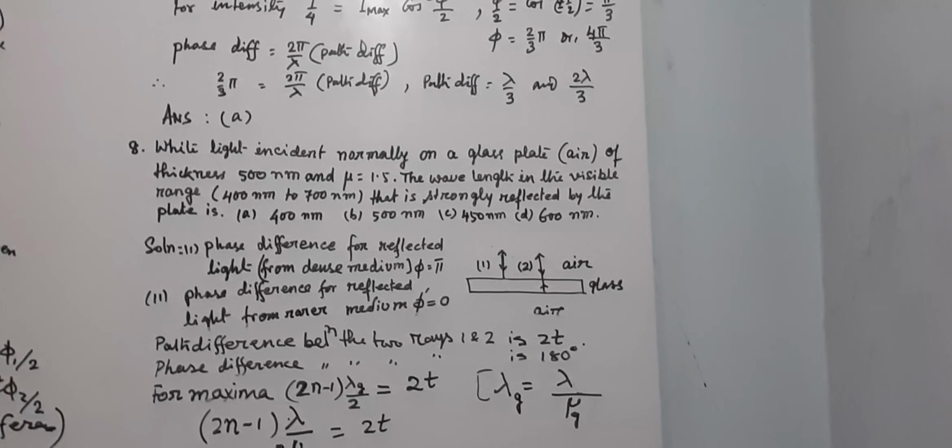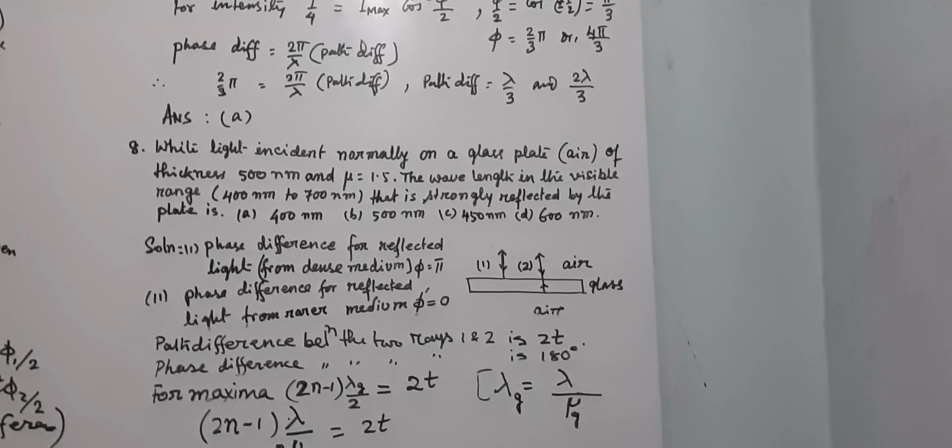Let us go for the solution. Phase difference for light reflected from a dense medium will be phi, that is 180 degree, and for reflected light from a rare medium, that will be 0.